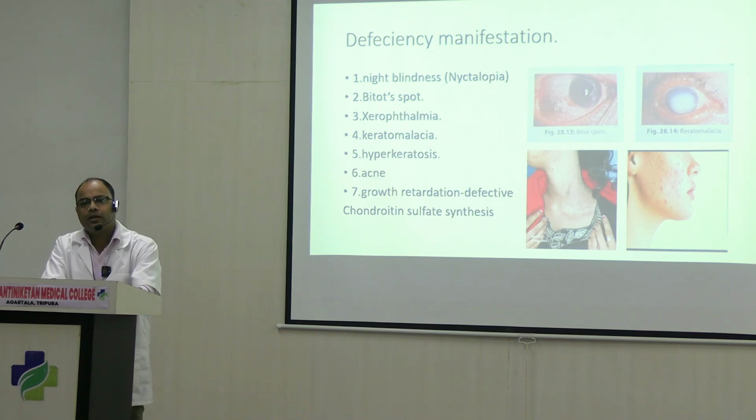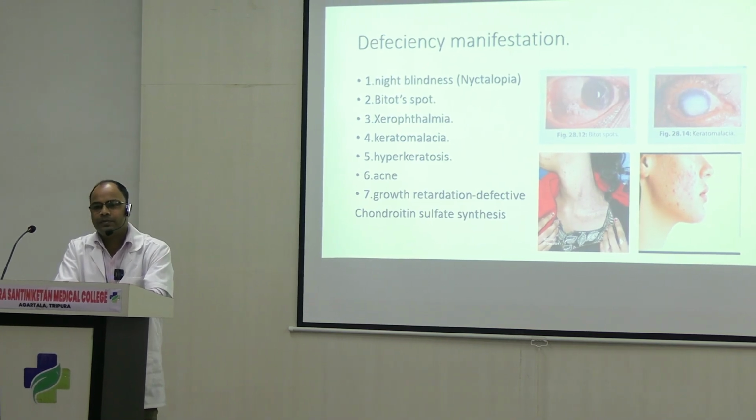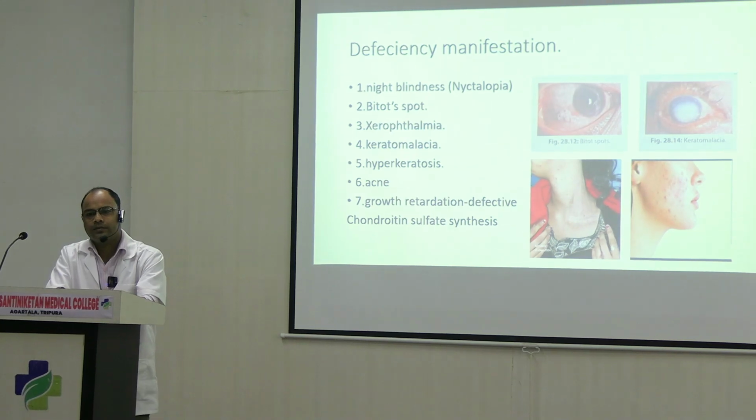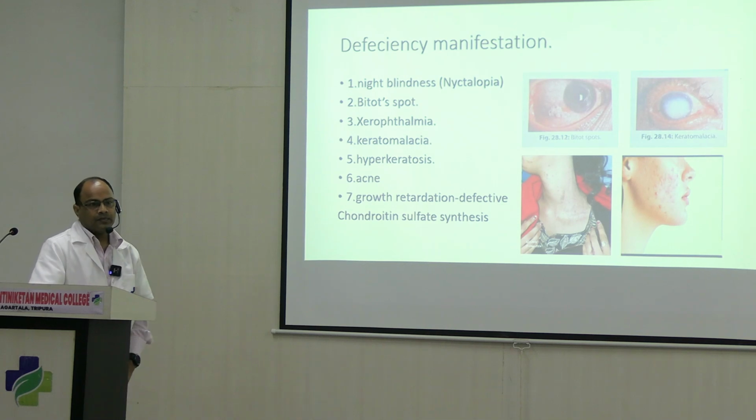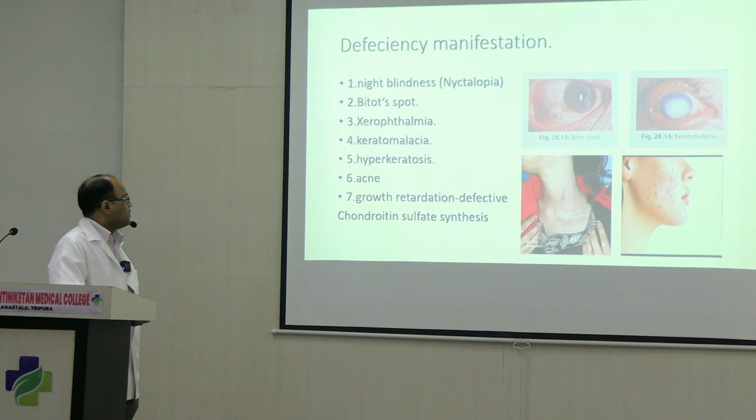This is the first complaint of the mother. Immediately you can realize that this baby is suffering from vitamin A deficiency. This is the first symptom actually. Next sign is dryness of conjunctiva.